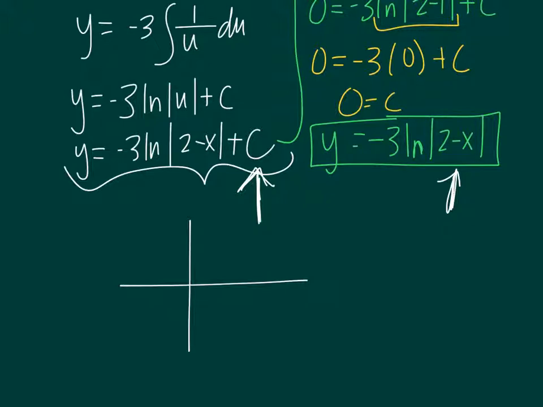If I graphed that in the calculator, and this is a really rough sketch, you could have something that looks something like this, and one that looks something like that, and one that looks something like that. The right one is the one that goes through the point (1, 0). They're just wanting you to notice the different possibilities that you could start with if you took the derivative, so that you could end up with that particular dy/dx.